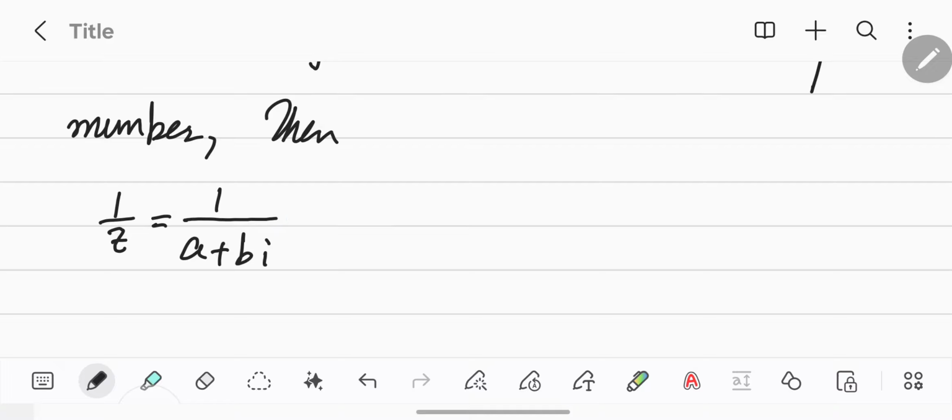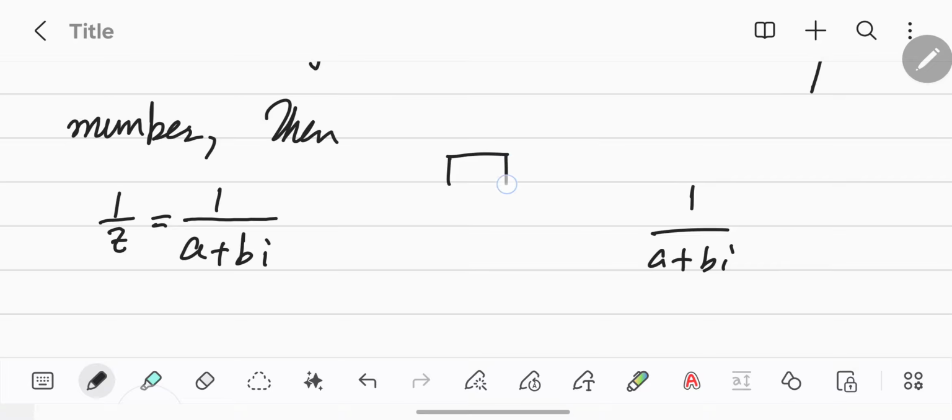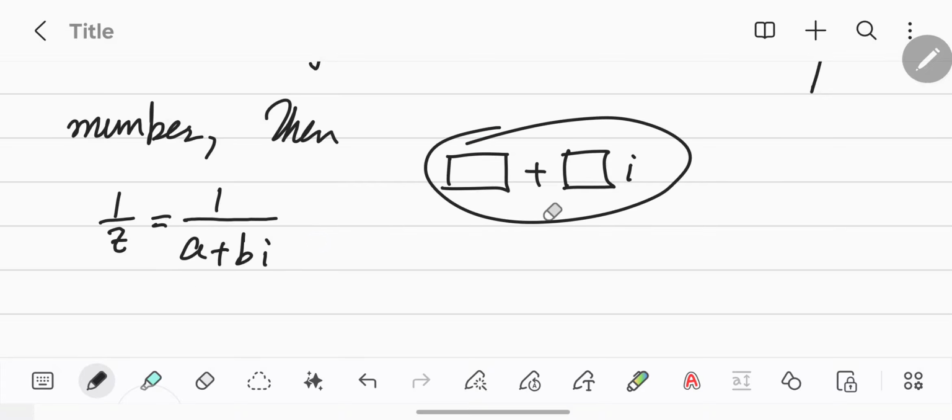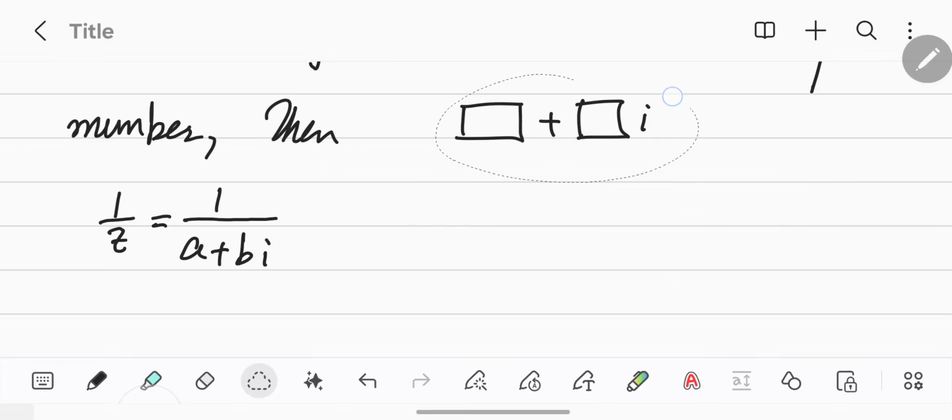But we don't know whether it is a complex number or a real number, because complex numbers are written as a plus b iota, not as 1 over a plus b iota. Complex numbers are written as some real part plus some number times iota. So this number is not in that shape, and we have to make it that shape. How can we convert this number into that shape?